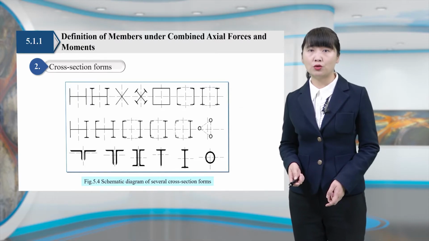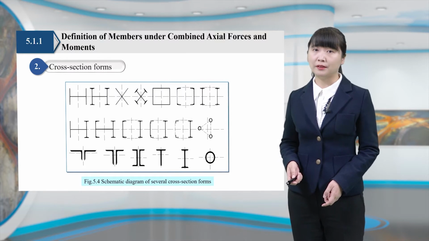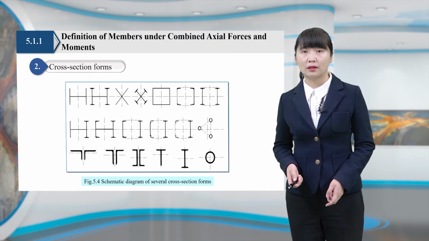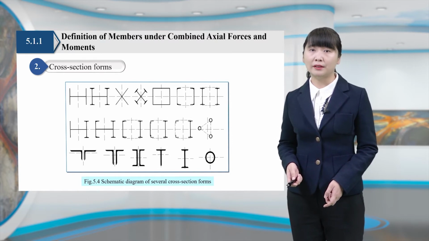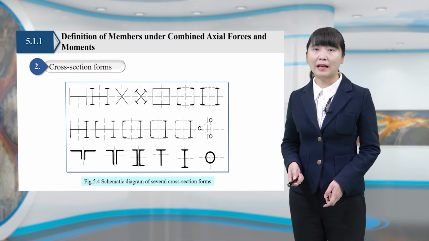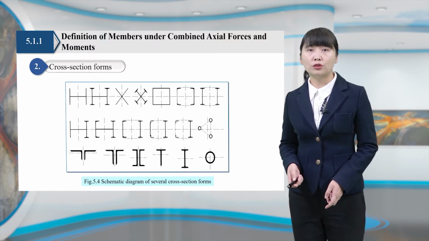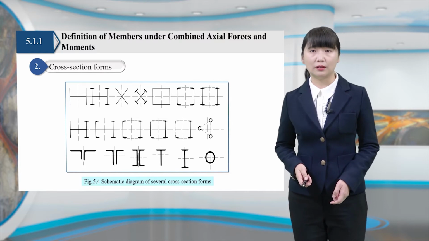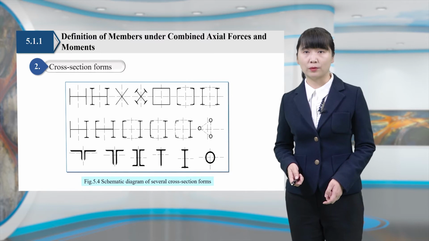According to the geometrical characteristics of the section, it can be divided into the open section and the closed section. According to the symmetry of the section, it can be divided into the single asymmetrical section and the biaxial symmetrical section. According to the section continuity, it can be divided into the built-up section and the solid web section.